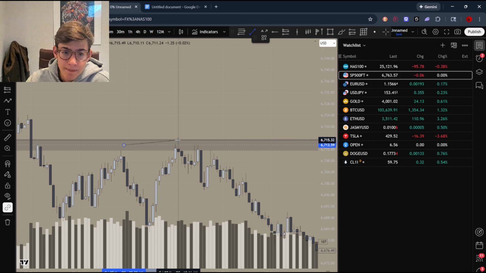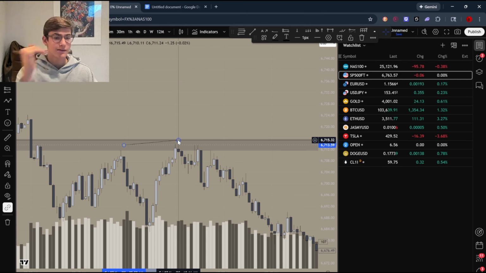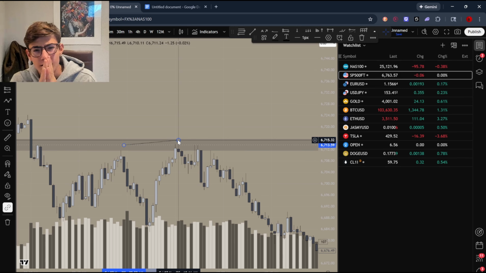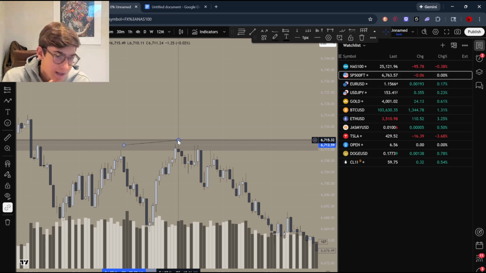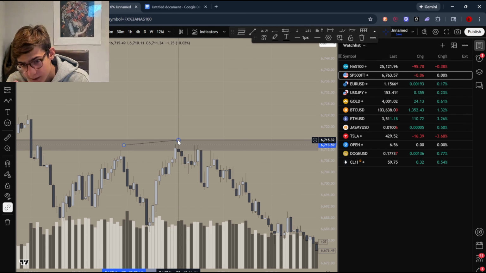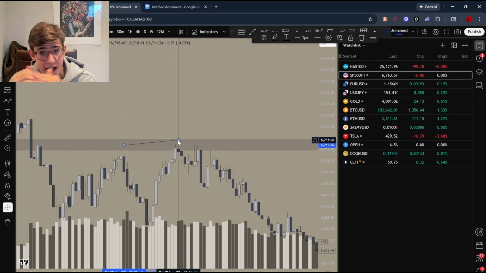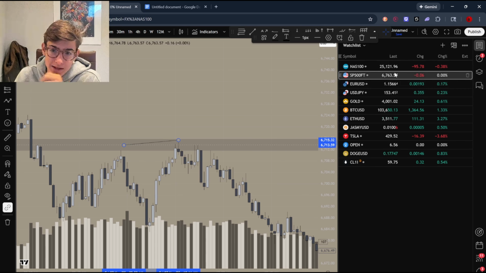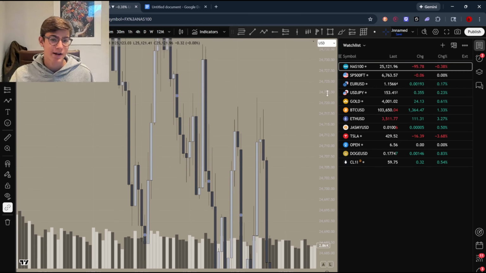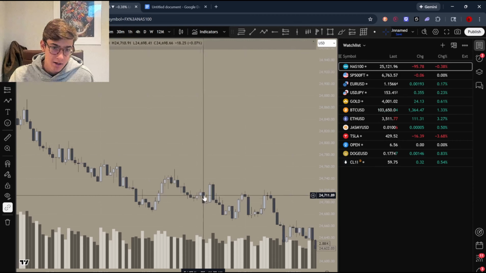Right, this one created, basically, in simple terms, the S&P 500 swept liquidity and created a higher high and tapped into the fair value gap, but the NASDAQ created a lower high, right?